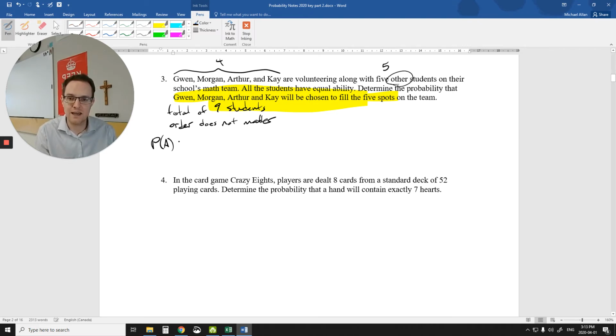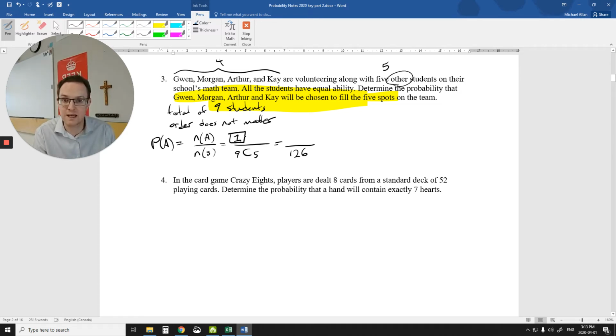So event A would be the number of times that those 4 people will be on the team over the total number of teams possible. The total number of teams possible is pretty easy. We have 9 students and you need to choose 5 of them. So there are 126 different teams. Now, for the number of favorable teams, I have these 4 kids that I need to choose.